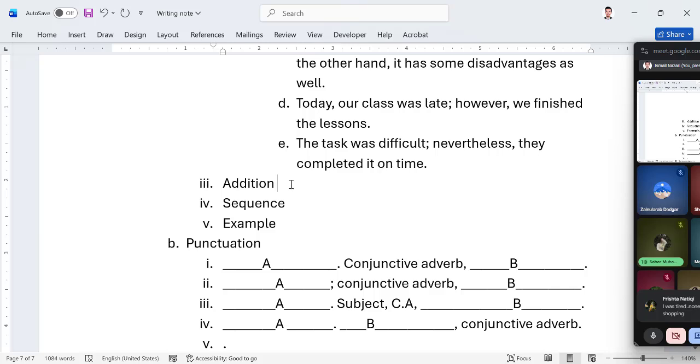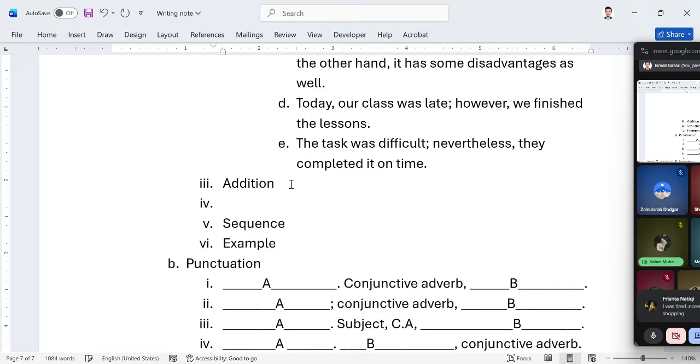The next type is addition. Addition is the next type of connection we might have in sentences and ideas.